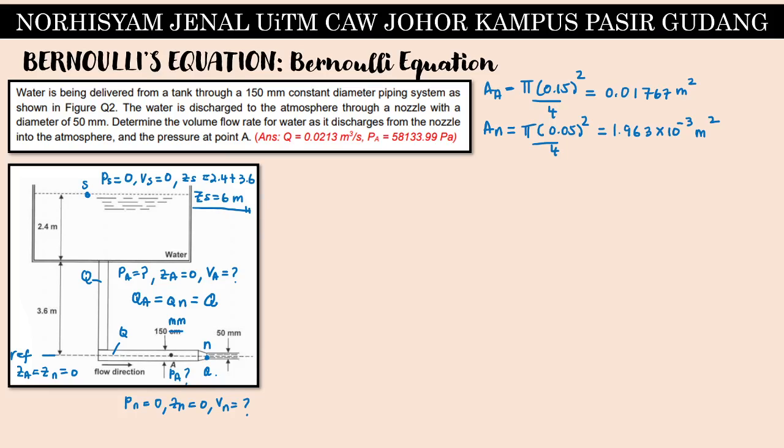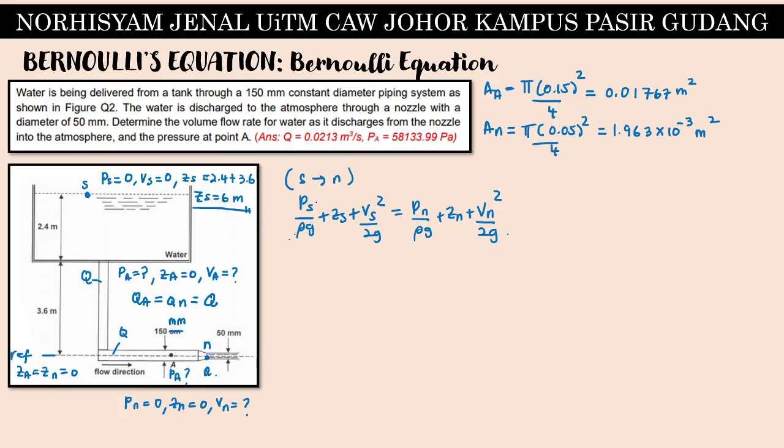Right. And then we can do the Bernoulli equation. First, we have S and N. Alright, so PS plus ZS plus VS squared equals PN plus Zn plus Vn squared over 2G.